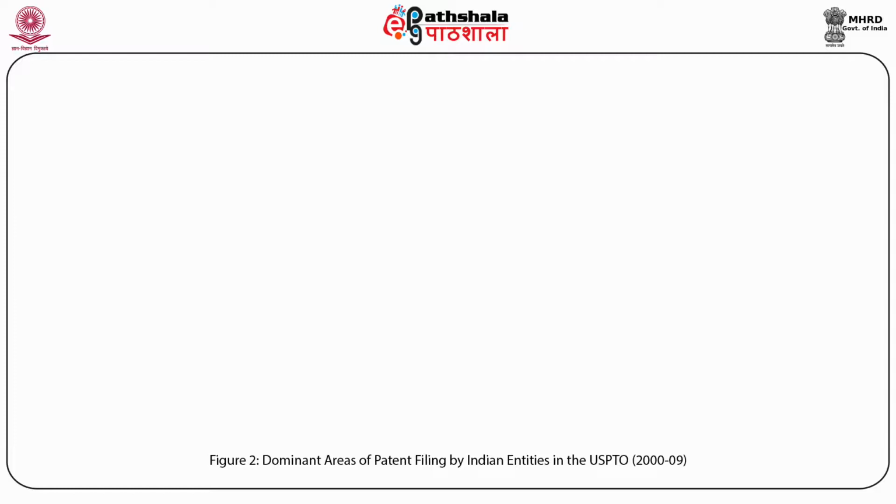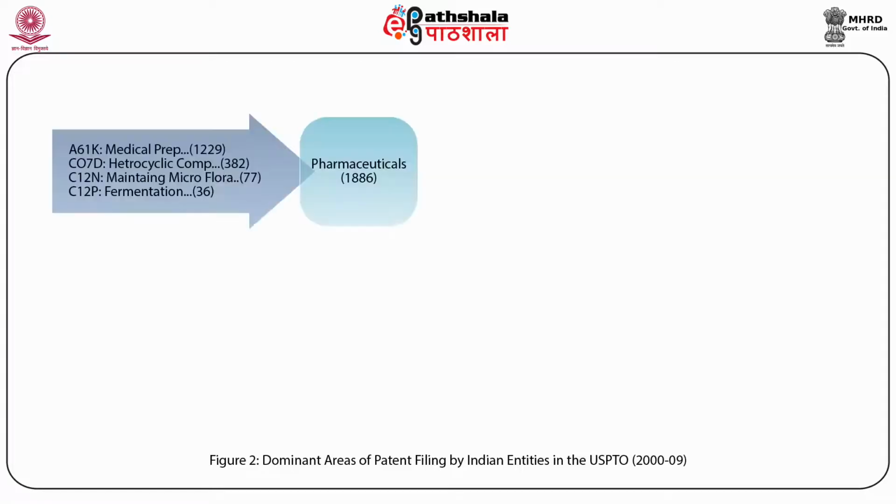Patent filing in the US Patent Office by Indian entities. US being the major global market, filing in the US gives a good indication of a country's technological strength. Thus, we have examined this trend of filing in the US Patent Office for the period 2001 to 2009. We observe that pharmaceutical is the leading area of Indian filing.